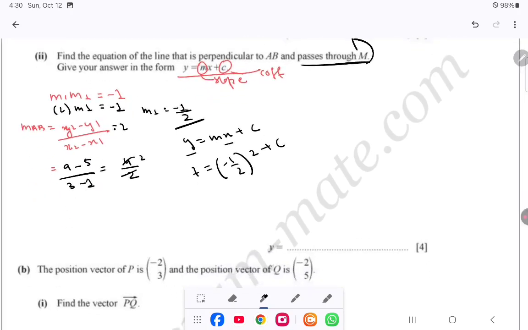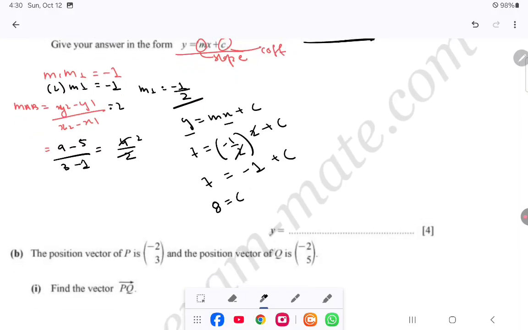Now this 2 and this 2 will cancel out each other, and 7 equals negative 1 plus c. Add 1 to both sides: 8 equals c. We calculated the c, we calculated the m. Simply put in the line equation y equals mx plus c, which is y equals negative half x plus 8. This is our line equation.